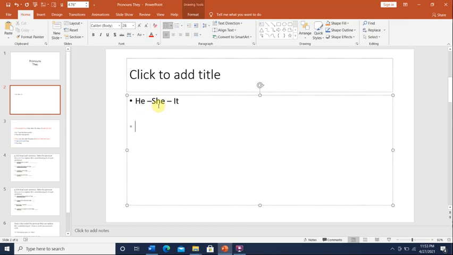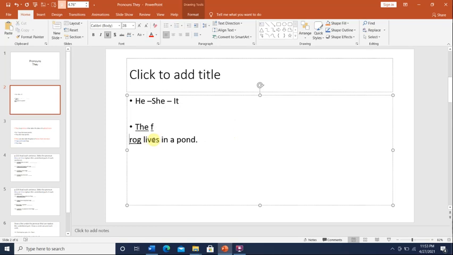Okay, for example, the frog lives in a pond. Okay, so if I say the frog, what pronoun can I use to replace the frog? I will use the pronoun it. I can say the frog lives in a pond or it lives in a pond, because the frog is an animal, so it's considered a thing.